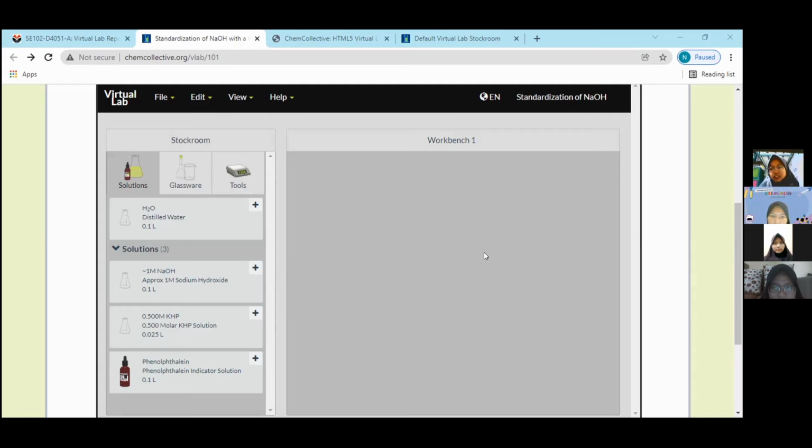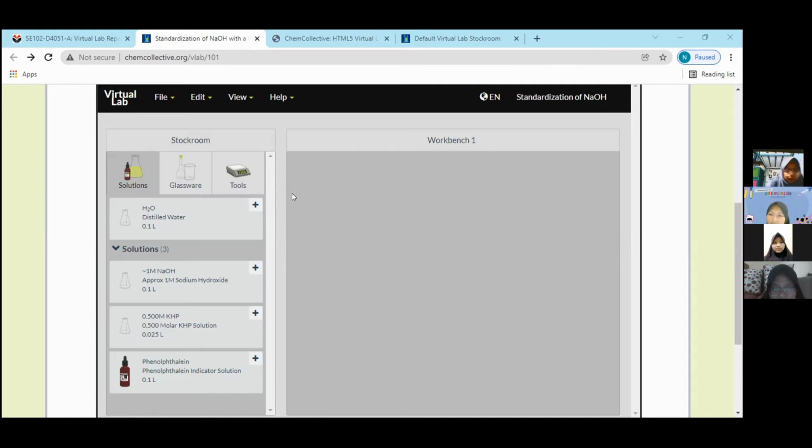Typically, the known solution is added from a burette to a known quantity of the analyzed unknown solution until the reaction is complete. So we use a virtual simulation, like you see on this screen.